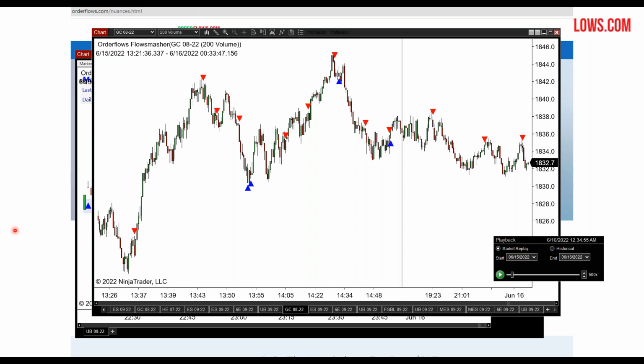Ted asks, what are the best order flow indicators? Well, if you're just looking at indicators themselves, it really depends on the type of trader you are. Are you more of a shorter term trader, like a scalper, or a bit longer term? If you're shorter term, the Flowsmasher and Flow Scalper are good.